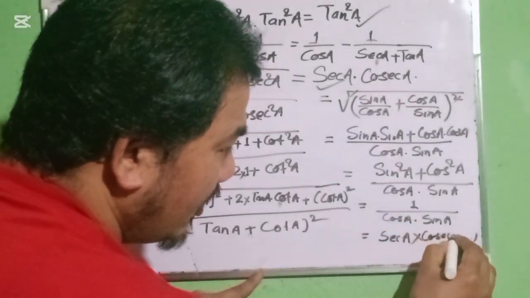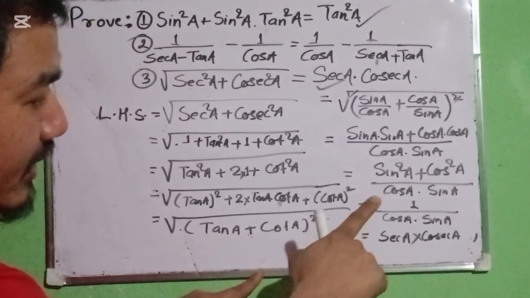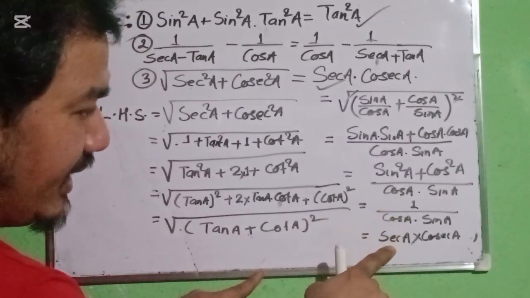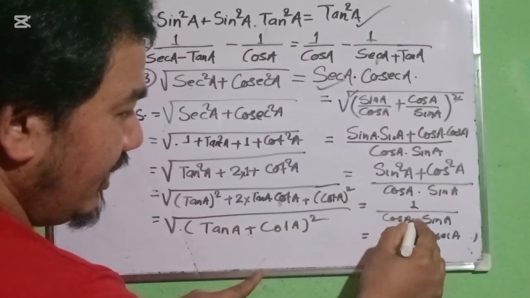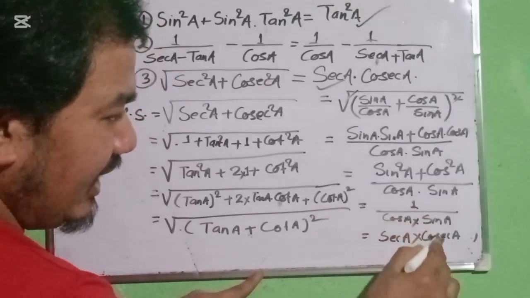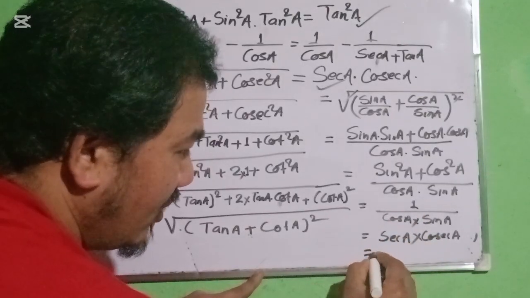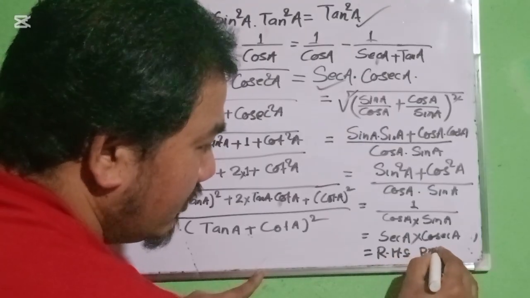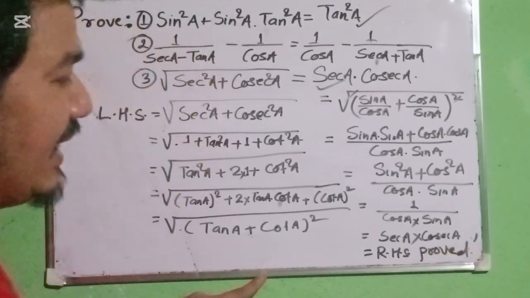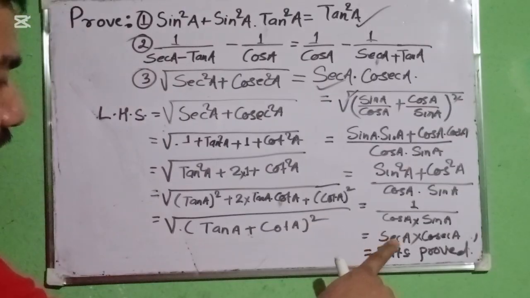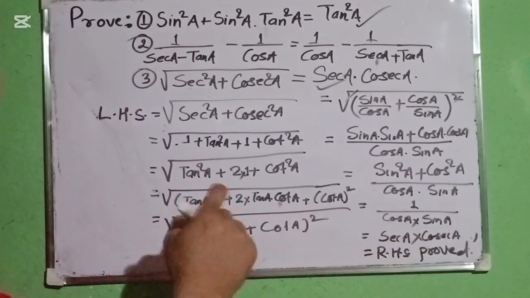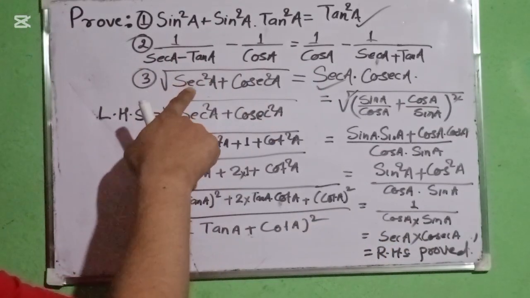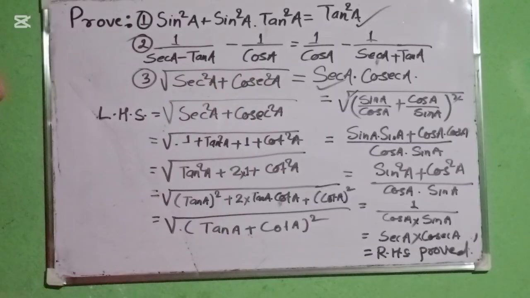Like this we find 1 by cos A means sec A into, here is the multiply sign, and 1 by sin A means cosec A. This is our right hand side to bring, then proved. Like this we bring the right hand side sec A into cosec A by solving the square root of sec square A plus cosec square A. Like this we have to solve this type of question. I hope you understood it.